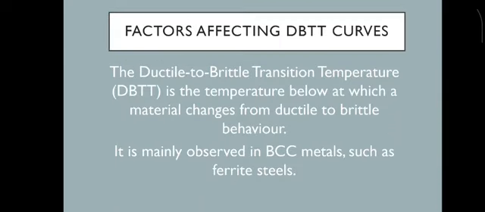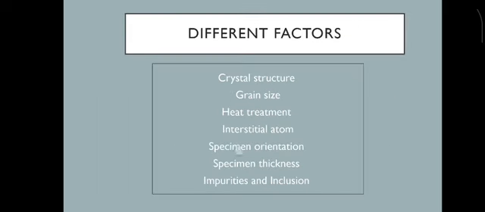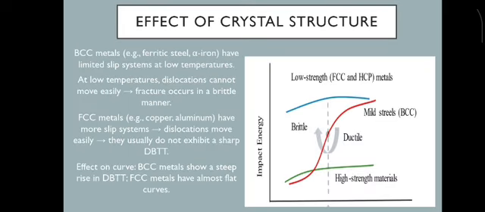As we saw in the beginning, DBTT curves are mainly observed in BCC metals. This is because BCC metals have limited slip systems at lower temperatures. So at lower temperatures, dislocations cannot move easily, and because of this, fracture occurs in a brittle manner. In FCC metals, there are more slip systems, so dislocations move easily.